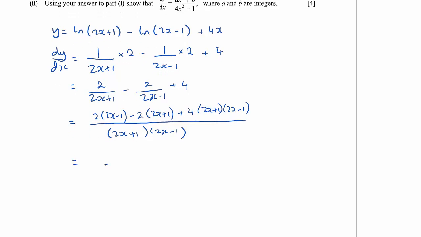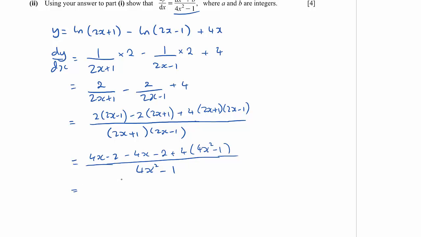Now the nice thing is that the denominator is going to give us exactly what we've got there. So 4x squared take 1. It's just a difference of perfect squares, so we should be able to write that straight down. And then we have 4x - 2, take away 4x, take away 2, plus 4 lots of 4x squared take 1. So the 4x's will cancel there.